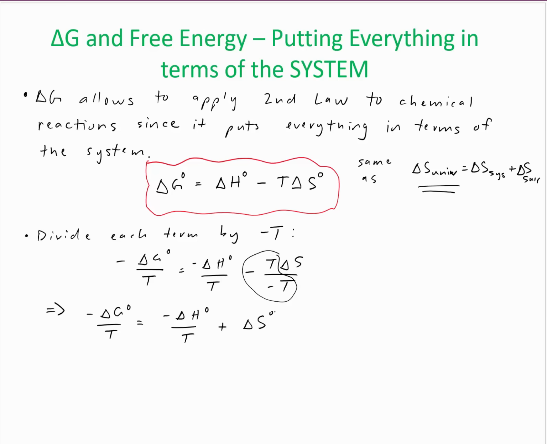Now, this term should look familiar. Negative delta H over T is actually delta S surroundings. Okay, then we have the following. Then we actually kind of made it equal to this relationship here. So negative delta G over T equals delta S surroundings plus delta S system.